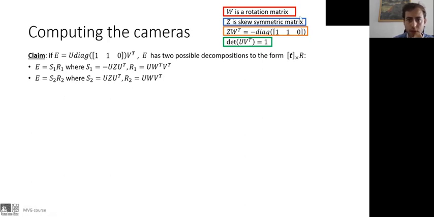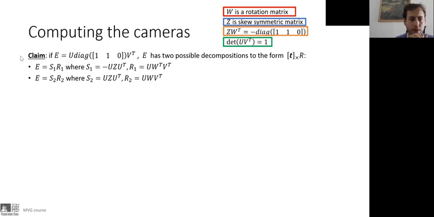Okay. So using what we have written here, we claim that if the essential matrix has the following singular value decomposition, then there are two possibilities to decompose the essential matrix into a skew symmetric matrix times a rotation matrix.